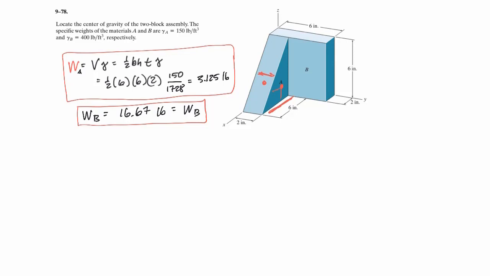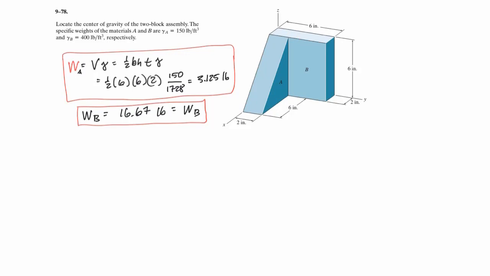The center of gravity of the rectangle piece is probably not so hard to see. It should be halfway in X and Y and then halfway in the thickness too. I'm going to erase my little markings here because those would perhaps be confusing.